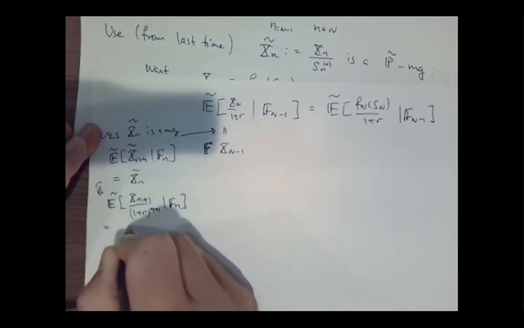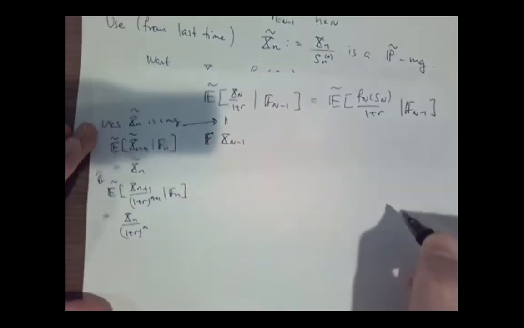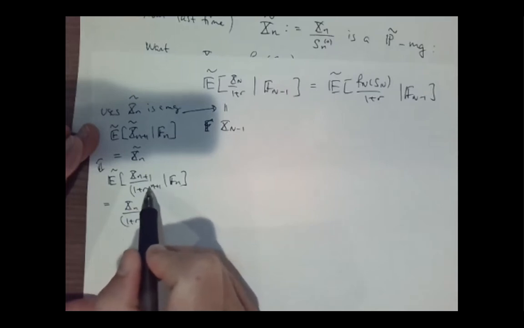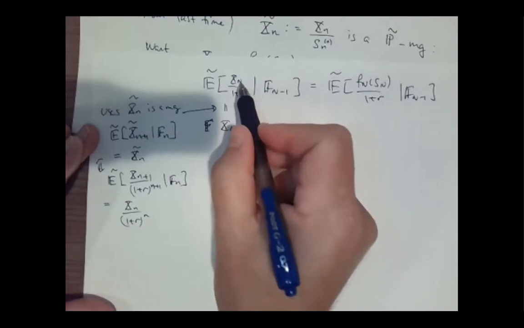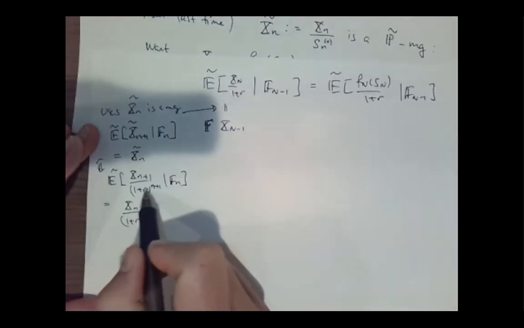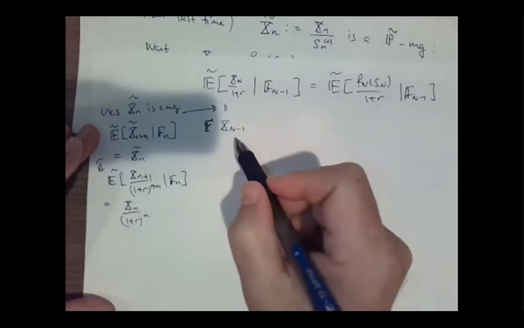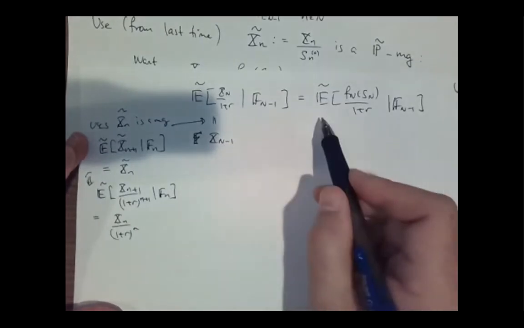That this is equal to Xn divided by 1 plus r to the n. And now you can see that the 1 plus r to the n is going to cancel out the 1 plus r to the n here. You'll be left with this property here that when I divide by 1 plus r here, I'm going to get exactly Xn. Okay, so your wealth at time n minus 1 is this conditional expectation.